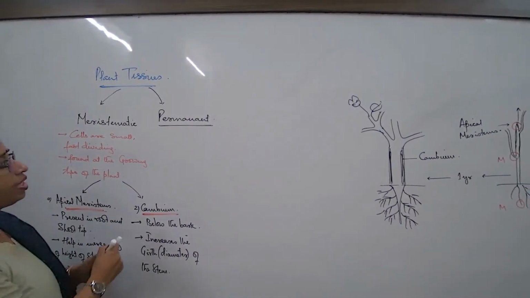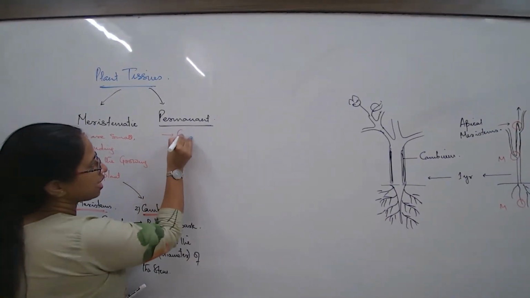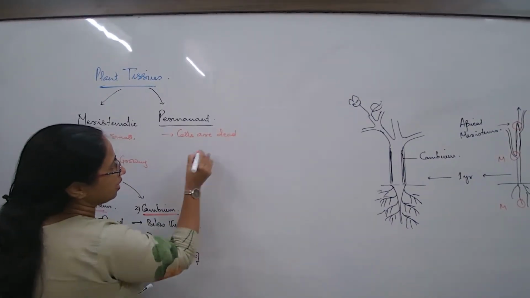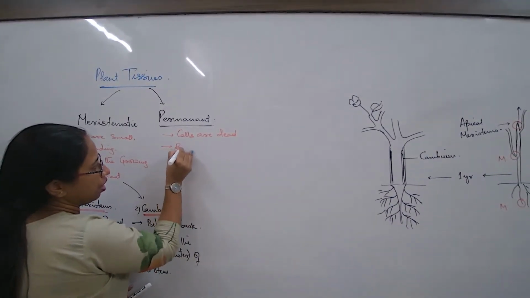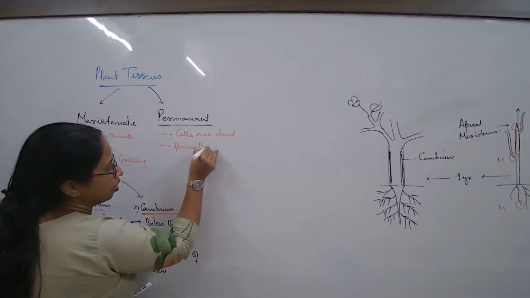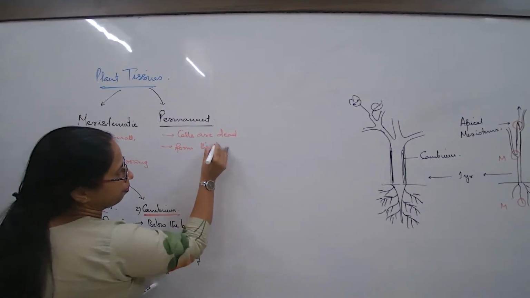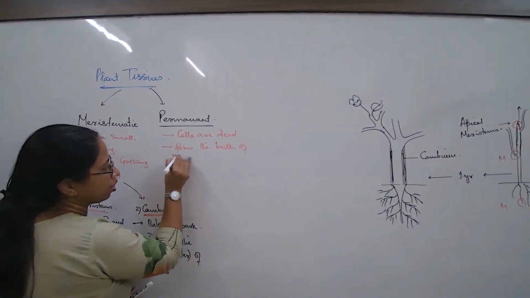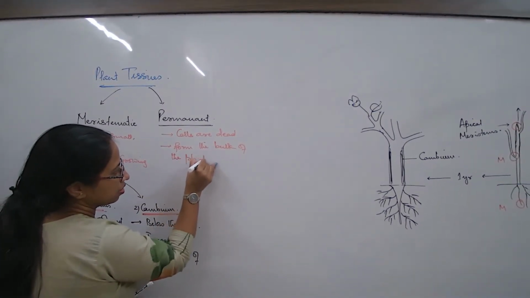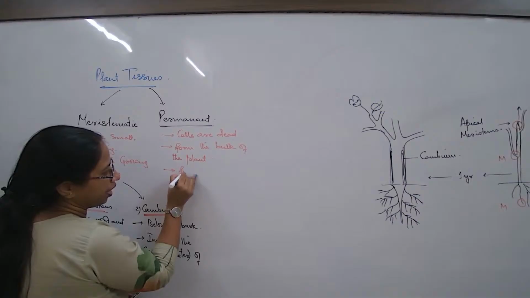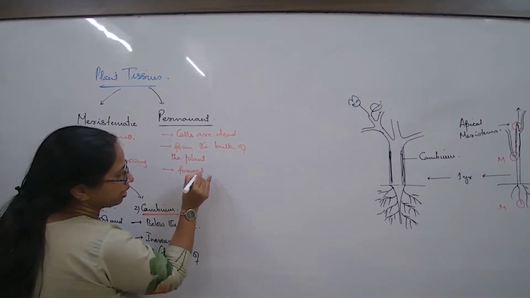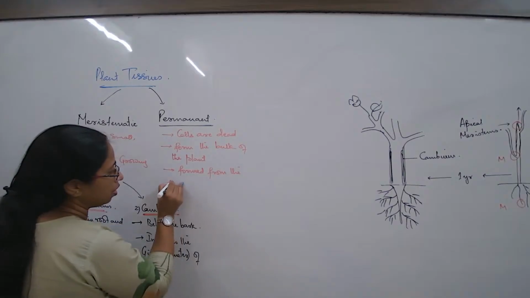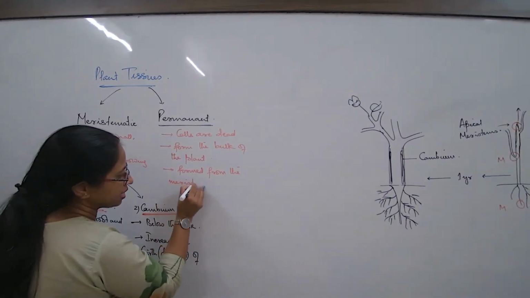Common features of permanent tissues are: the cells are dead. They form the bulk of the plant. What else? They are formed from the meristematic cells.